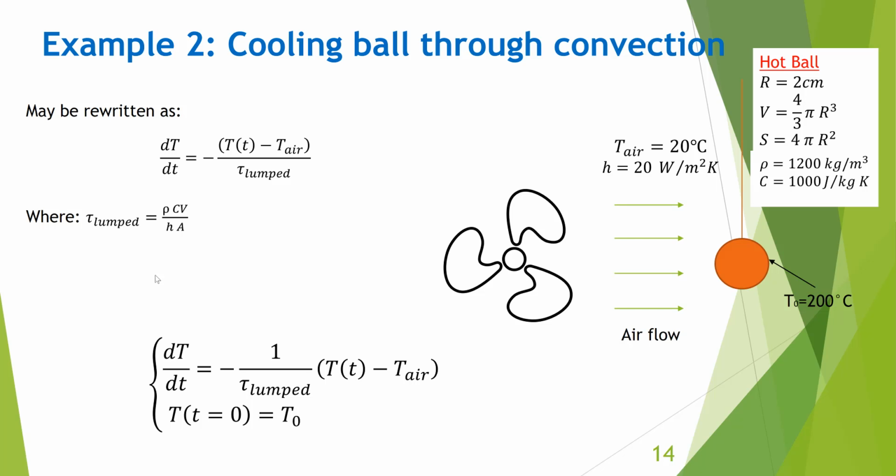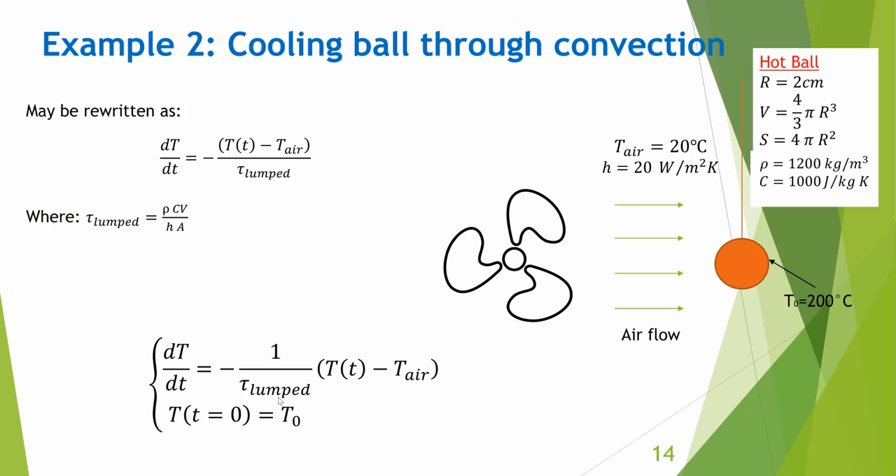Now your differential equation is not really similar to the one given in the radiation exercise. Here you have T minus Ta, so you can do your job using the values of temperature in Celsius, no problem.